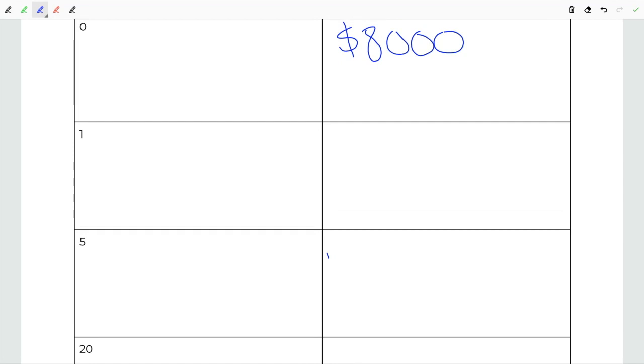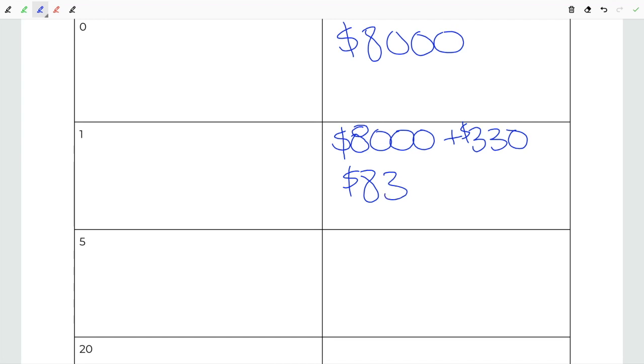After the first year, we've spent $8,000 for our solar panels, plus $330 for our first year of electrical service. And so we get $8,330.